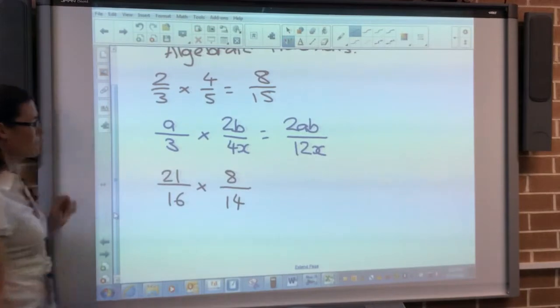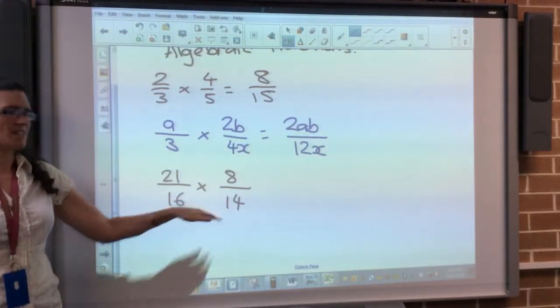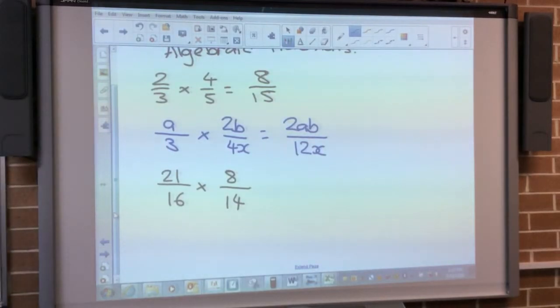Before I start multiplying, I don't really know my 16 and 14 times tables. We're pretending I don't have a calculator at the moment. I don't want to do 16 times 14 and I don't want to do 21 times 8. That's too hard. What can I do to make this question easier?